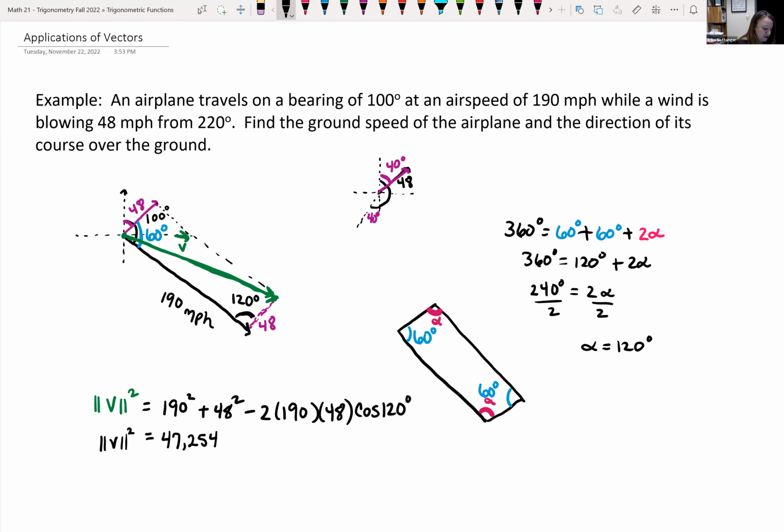If we take the square root of both sides, we get the magnitude of V is equal to 218. So it's telling me that 218 miles per hour is the ground speed.